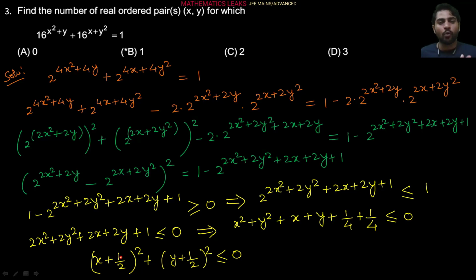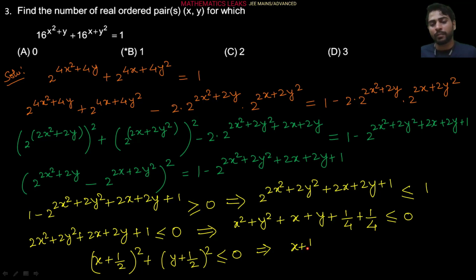Two square quantities' summation cannot be less than 0, but can be equal to 0 if the two quantities themselves are 0. So equal to 0 is acceptable here, but less than 0 is not acceptable, everybody. Equal to 0 means both quantities whose squares we have must be 0.